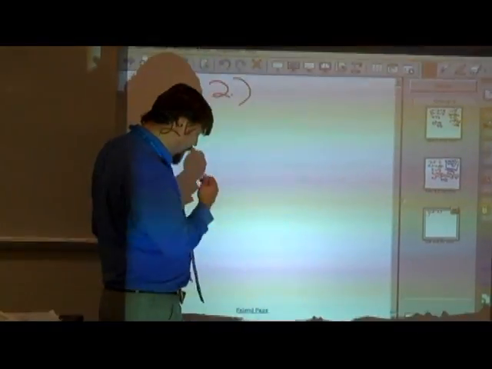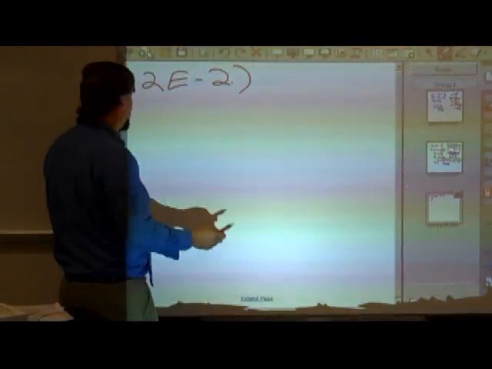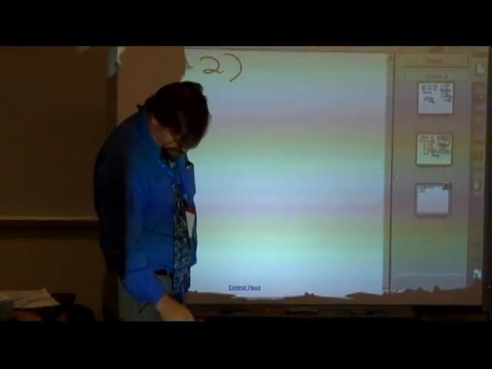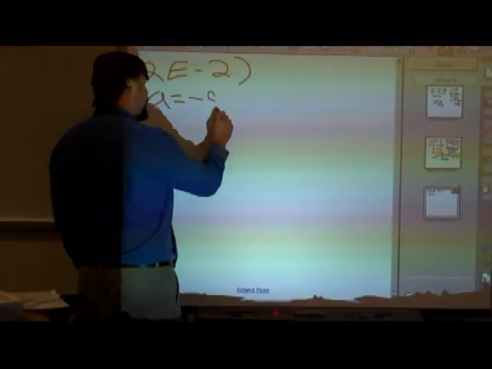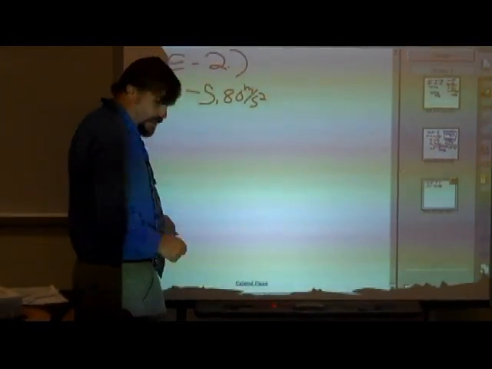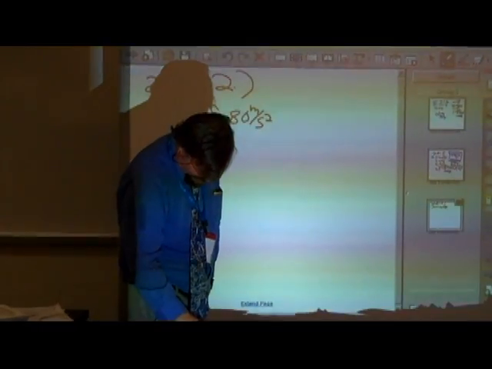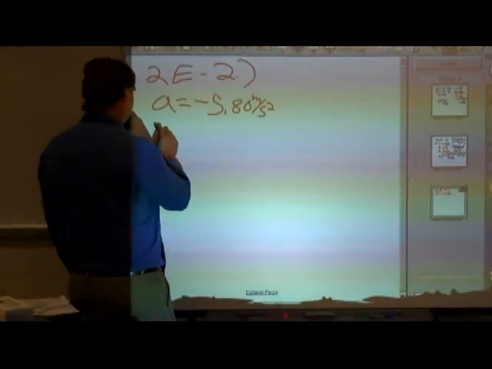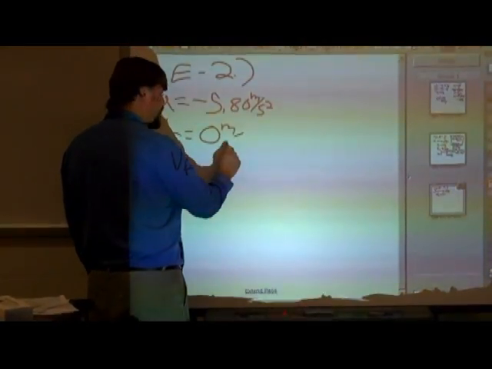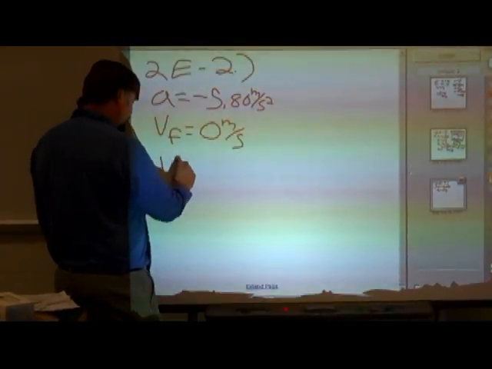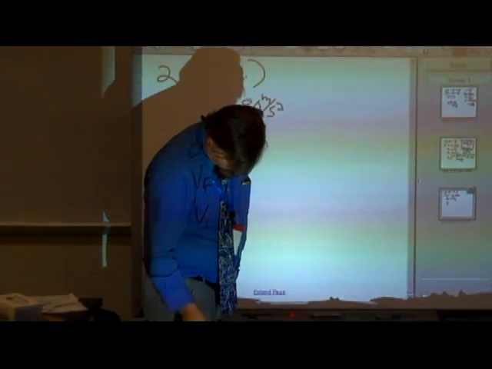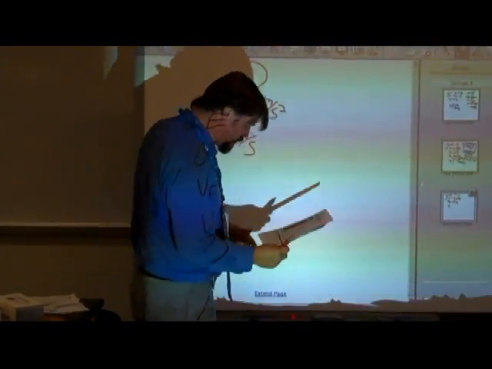All right, so let's write down what we have here. We have an acceleration of our Concorde given to us as negative 5.80 meters per second squared. And the final velocity as it comes to a stop is 0 meters per second. Our initial velocity is 20% of the cruising speed.